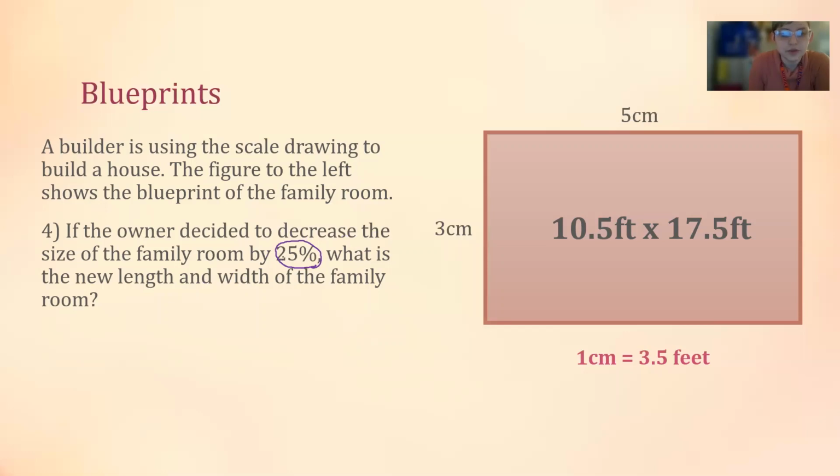Okay, so there's a couple of ways we can do a percent decrease. I'm going to show you one using the equation method and one using the proportion method. So for our length, which is the 5 centimeters or the 17.5 feet, I'm going to use the equation.